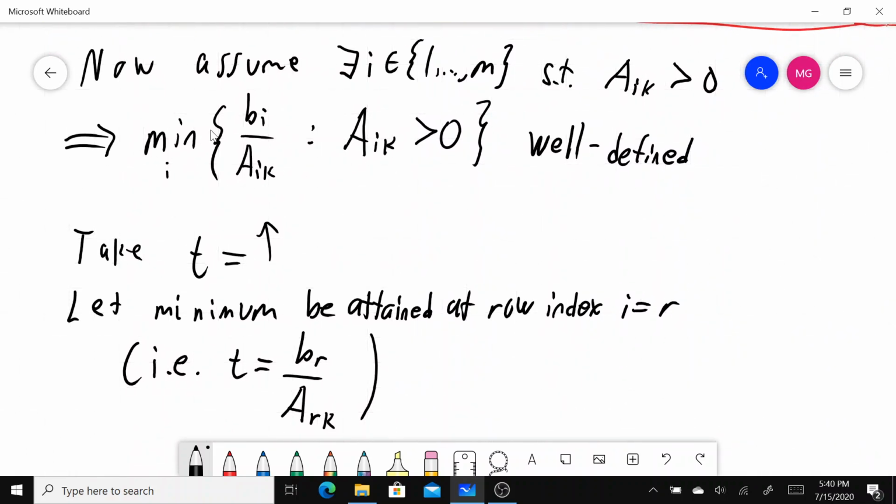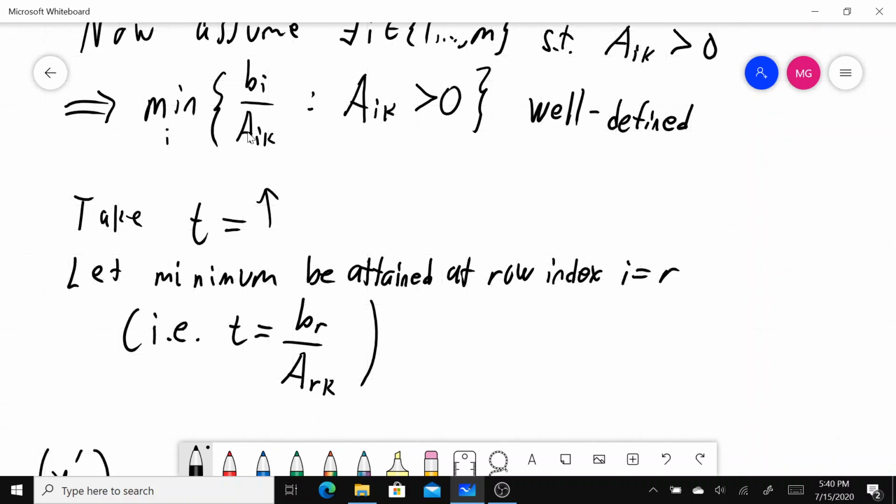And this is a minimum of a bunch of ratios, bi over aik. But there's a finite number of them. So this minimum will be attained at some particular index r. So at row index i equals r, this minimum is attained. And so in that case, we know that t is exactly equal to br over ark, the attainment of this minimum.